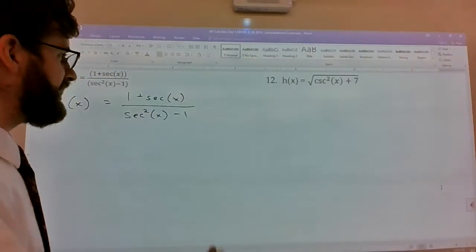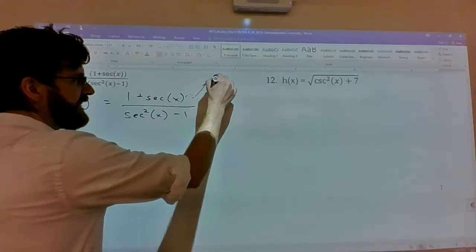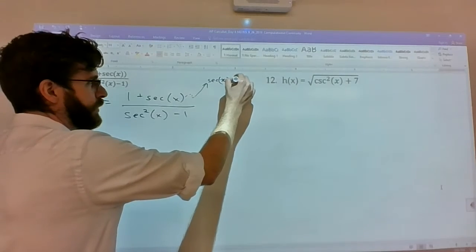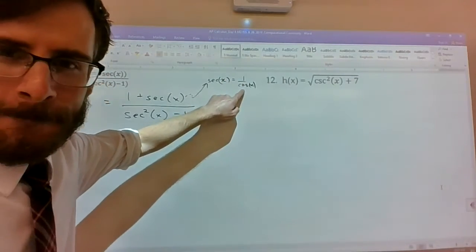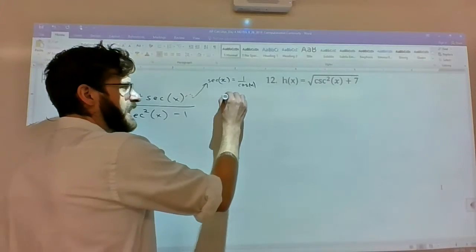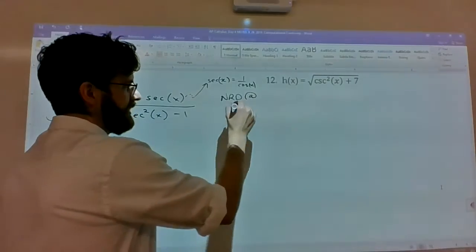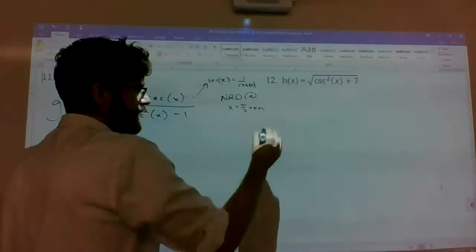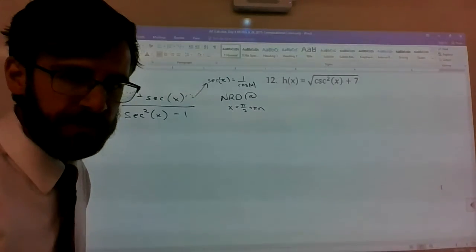So the instant you see the secant, you're thinking to yourself, hey, secant of x equals 1 over cosine, which cosine at the bottom, bad news. You instantly have non-removable discontinuities at x equals pi over 2 plus pi n. There could be more, but I know for sure that there's going to be some at pi over 2 plus pi n.